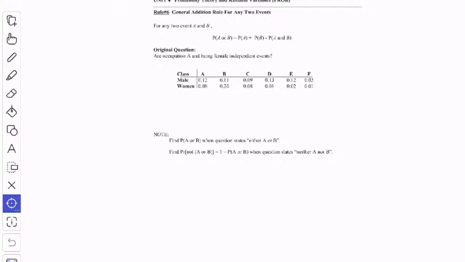So we went through the 5 rules last week, and the last one we actually used this rule, rule number 6, which is the general addition rule for any 2 events. So I'm just, again, formalizing, going through the rules, but you know the rules, right? The only thing that might have been new to you is this concept of independence. Otherwise, the rest was intuitive, I would say.